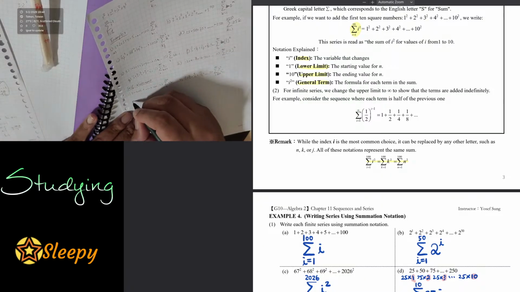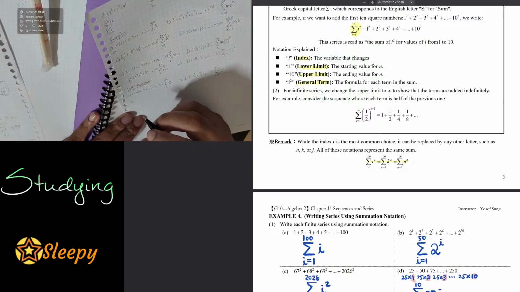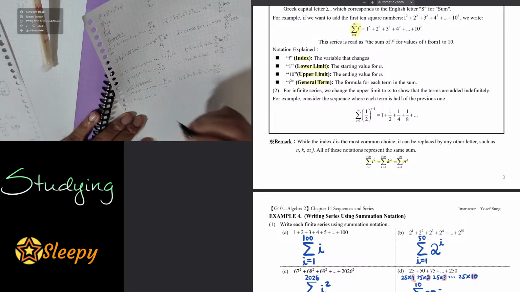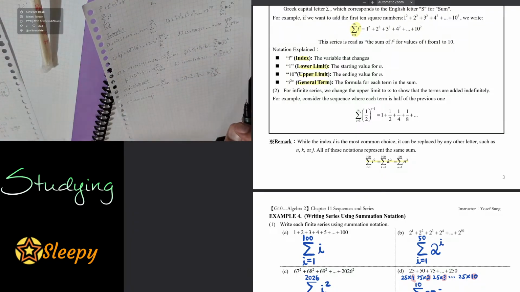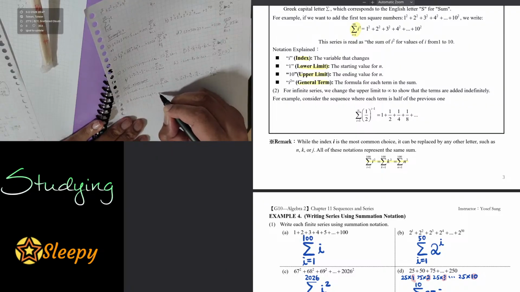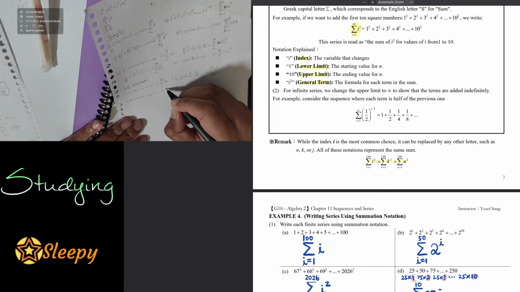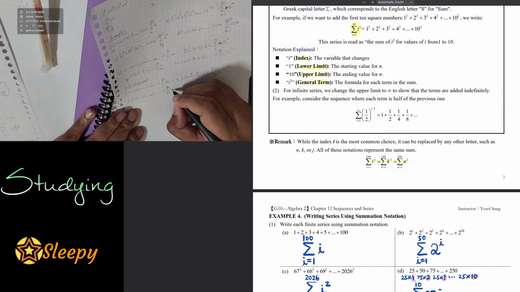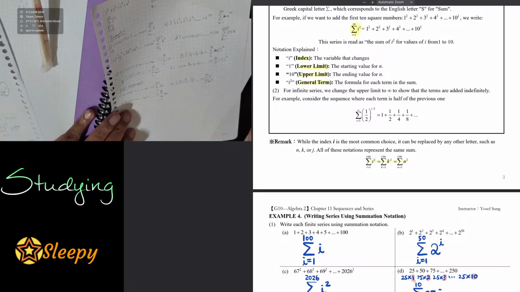And then 3, 6, 36. Okay, 6 plus 36 plus 216 plus 1296. So that's times 6, that's times 6, and that's times 6. Okay, and this goes on to infinity, right? So then you have a sigma. No. Hang on.